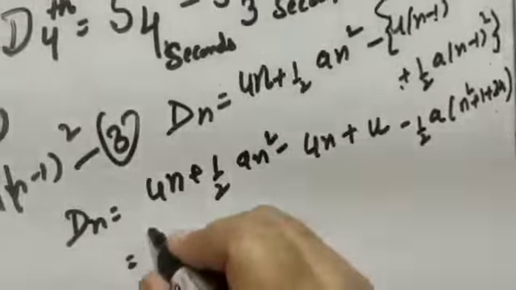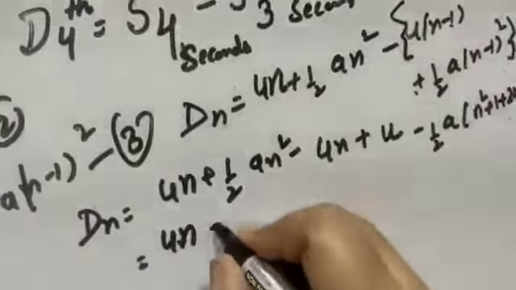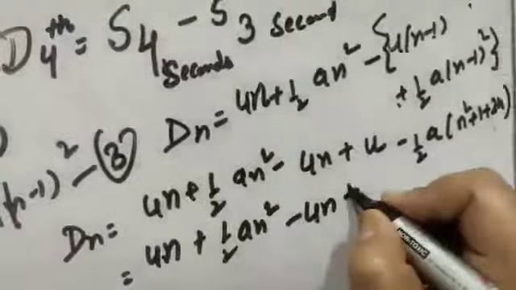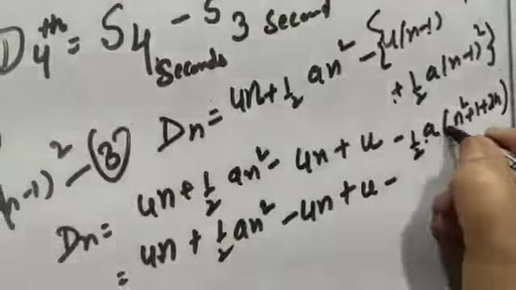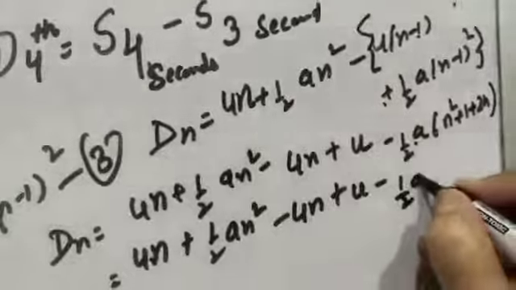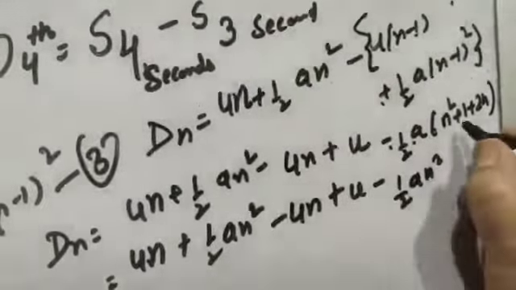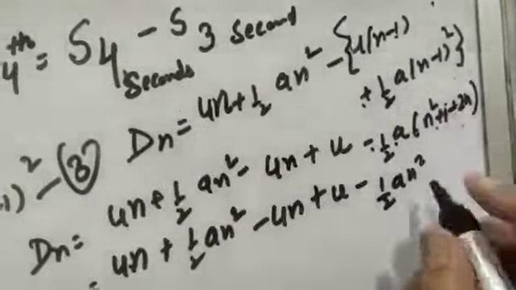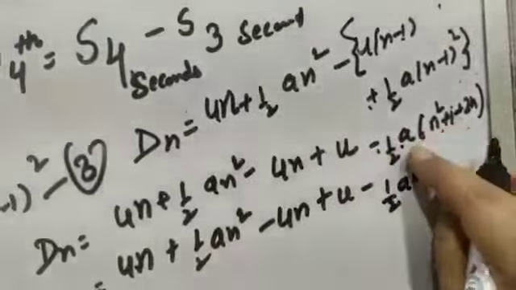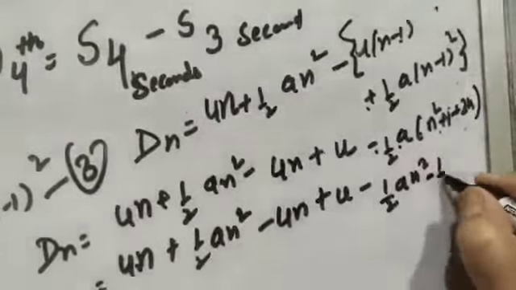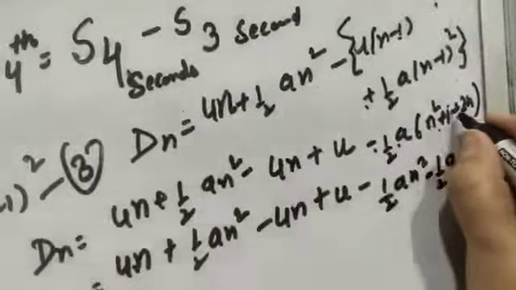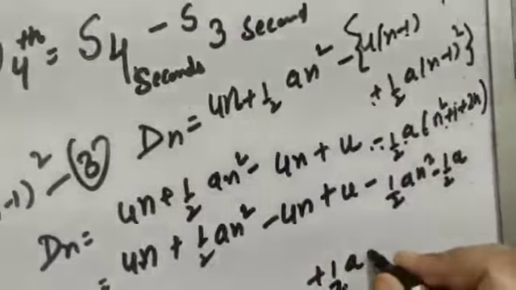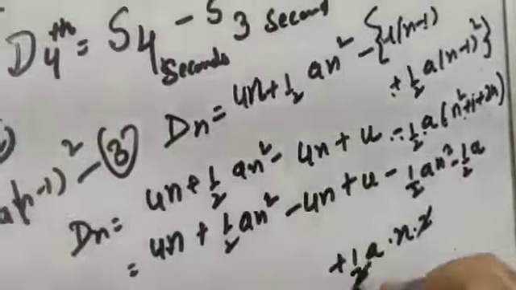Now again simplifying it: un plus half a n square minus un plus u minus half a n square, this is minus and this is plus, here it would be minus 2n. So minus 1 by 2 a, and this is minus and this is plus, that would become plus 1 by 2 a into n into 2. So the 2 cancels.